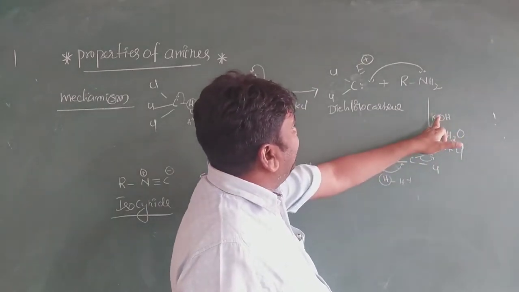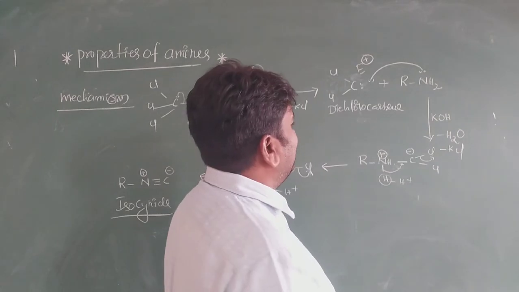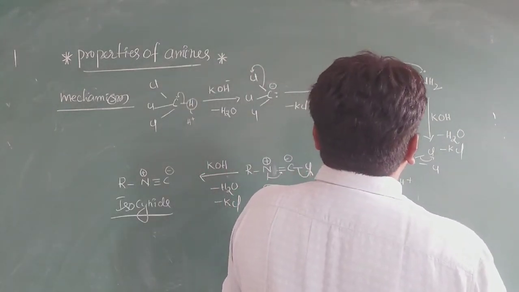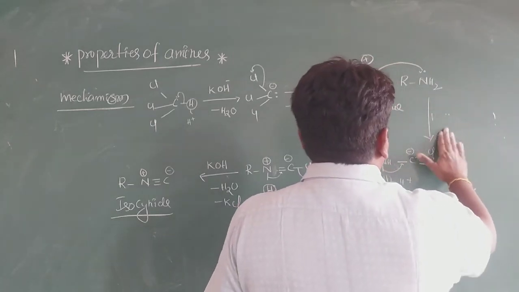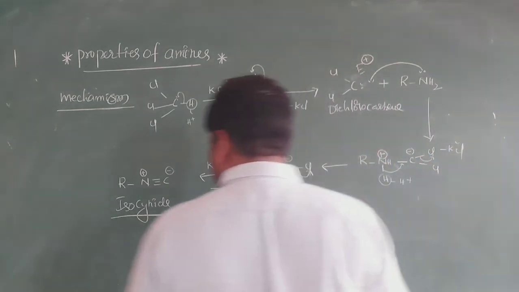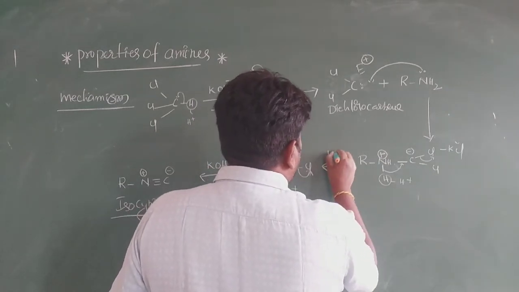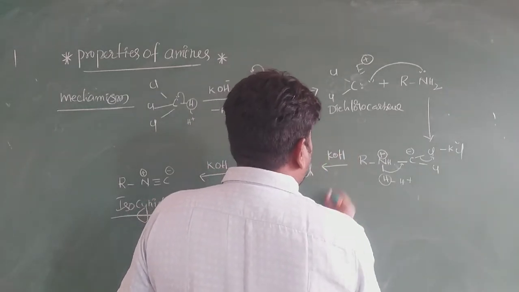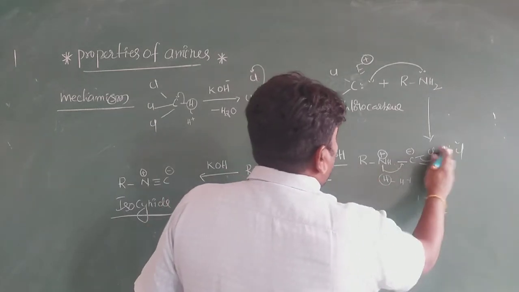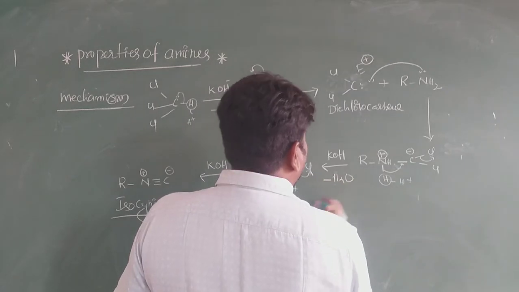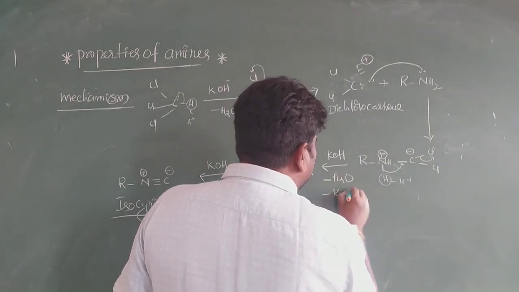In the presence of KOH, my dear students, no need to write KOH here; you write KOH here only. So it is very important. In the presence of KOH, H2O is eliminated. Next, minus KCl is eliminated.